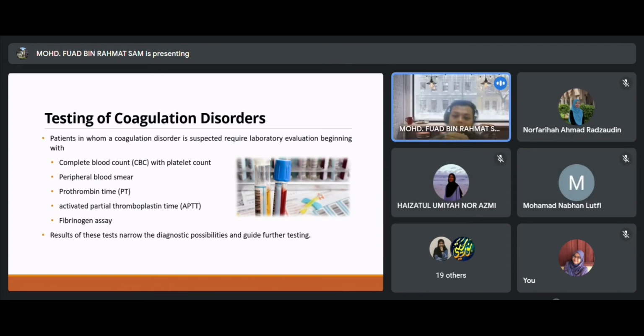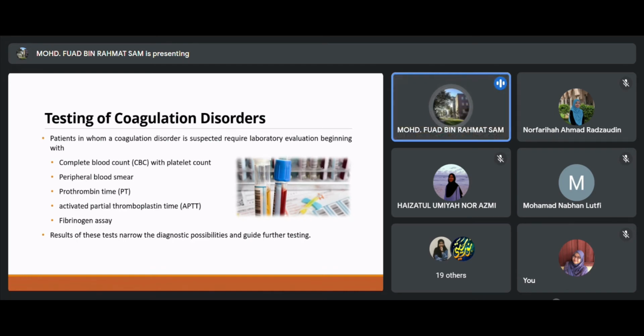And ada another test that is always performed in the lab, PT or prothrombin time, or APTT, activated partial thromboplastin time, fibrinogen assay. And these tests narrow the diagnostic possibilities. So bila kita dapat all this information, kita boleh identify, kita boleh interpret the results, normal, abnormal, high or low. This is particularly ada penyakit apa.